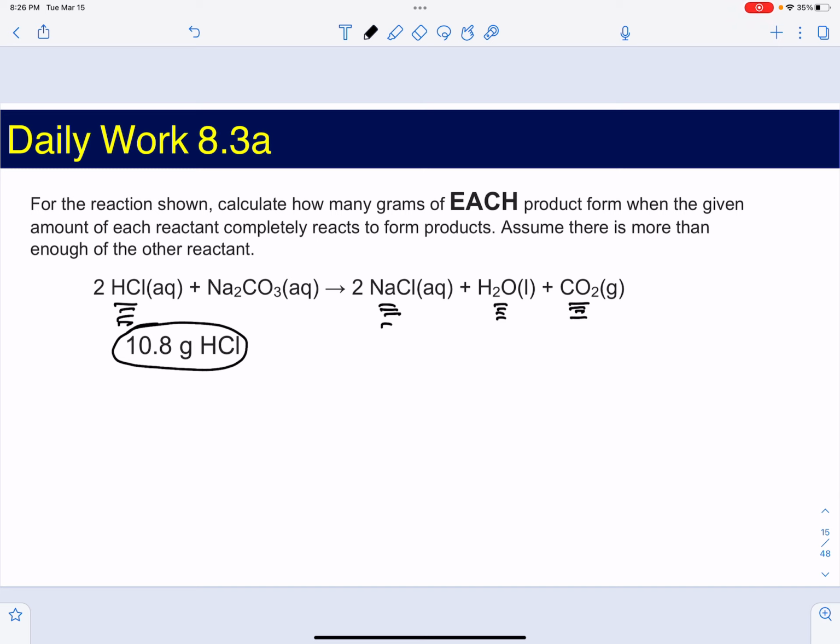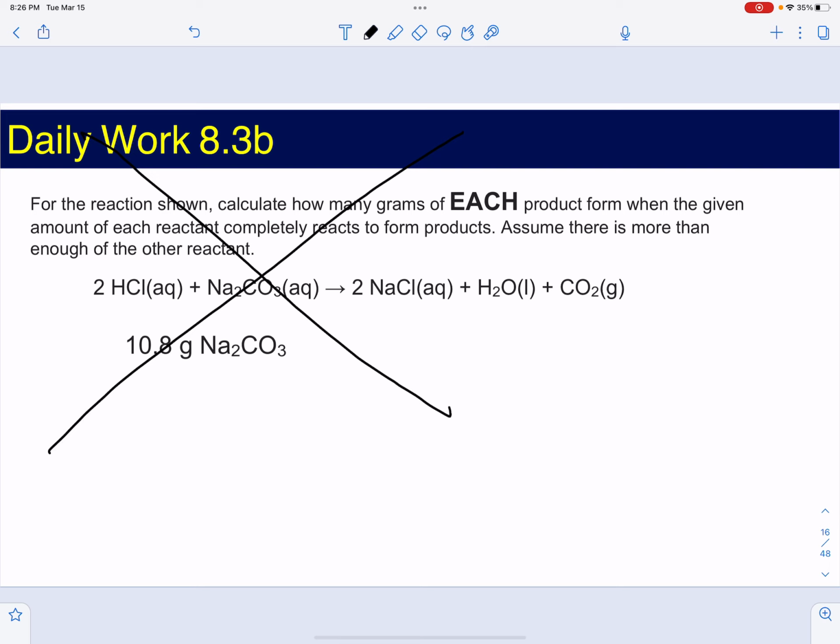So you're going to have 3 different answers. After you do that, you're basically doing the same thing. So do not do 8.3b because it's the same thing. I was going to change it, forgot to change it. Sorry for that.